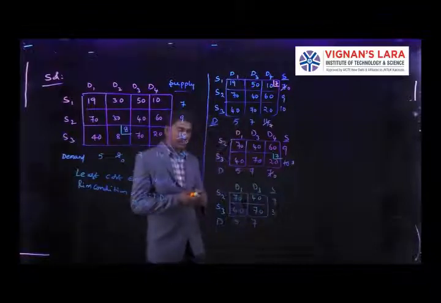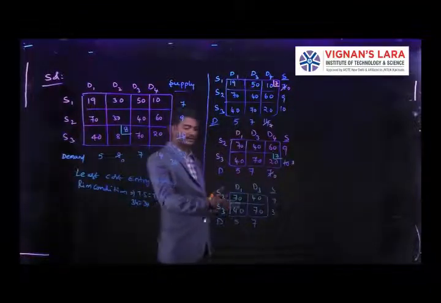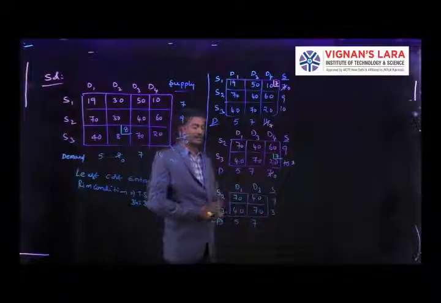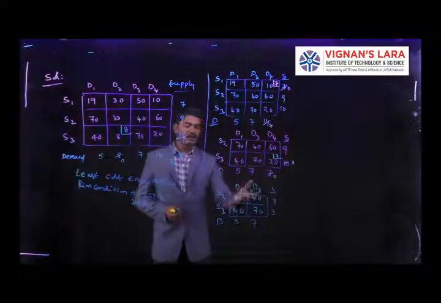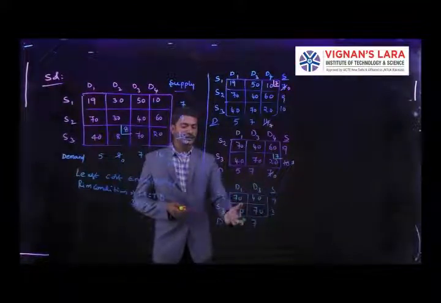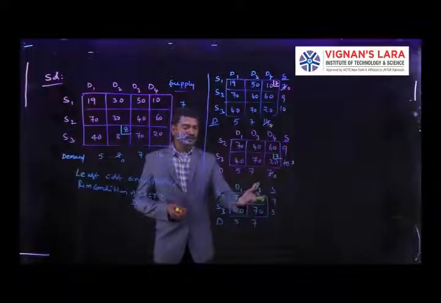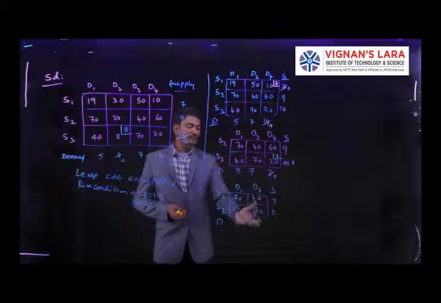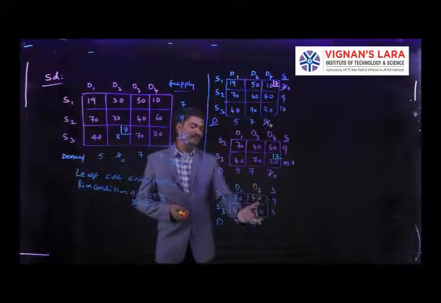Here we have to identify the least cost. We have two 40s. From these two 40s, we can take any one arbitrarily based on the supply and demand. If we take the first row, 40 units, the supply is 9 units and the demand is 7 units, so more demand will be satisfied at a time.